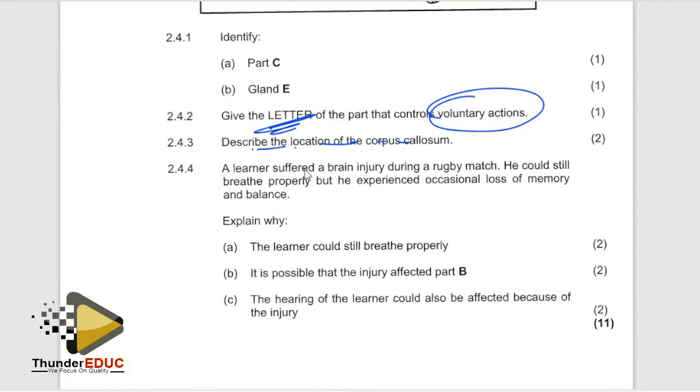So the learner suffered a brain injury during a rugby match. He could still breathe properly, but he experienced occasional loss of memory and balance. Explain why the learner could still breathe properly.